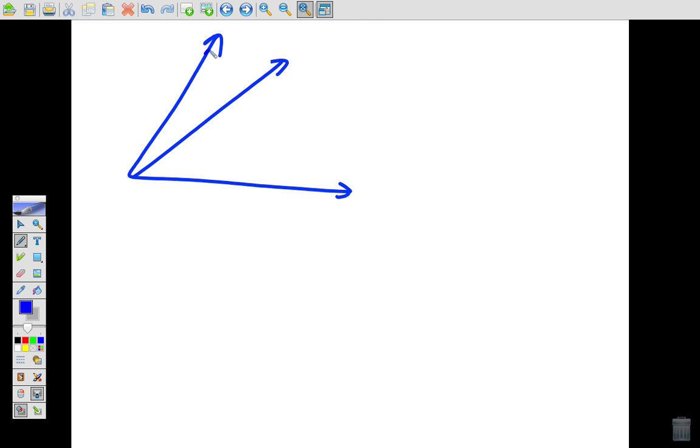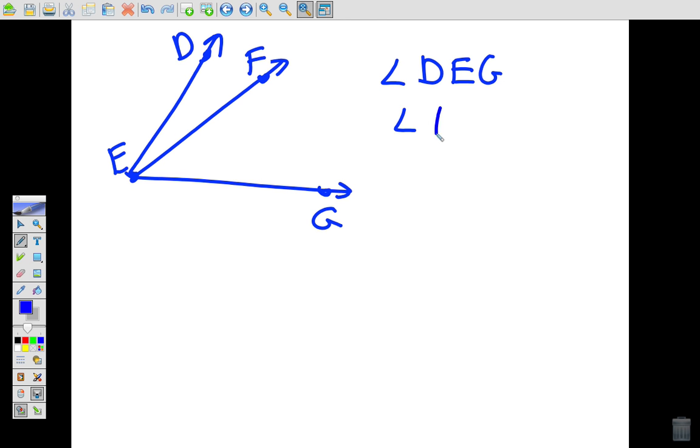Let's go over an example where two would not be adjacent. I'm going to make somewhat of the same type of figure, maybe with different letters. So I'll have a D, point E, F, and we'll go G. Right now, let's take a look at angle DEG and angle FEG.